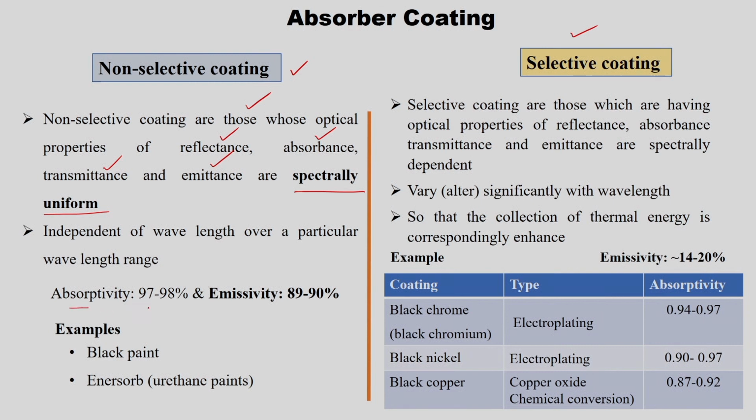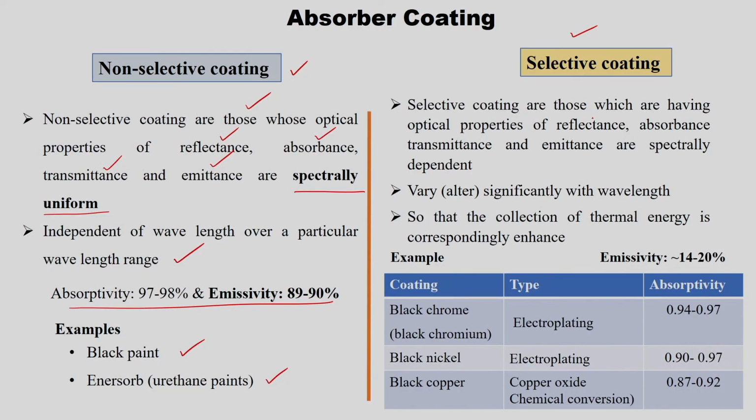So, we take absorptivity and emissivity almost in the same range. So, they are independent of wavelength over a particular wavelength range. The examples are normal black paint and Enerserve. So, this is nothing but a urethane paint. So, here we are not taking any special effort to select the absorber surface, the selectivity of the absorber surface.